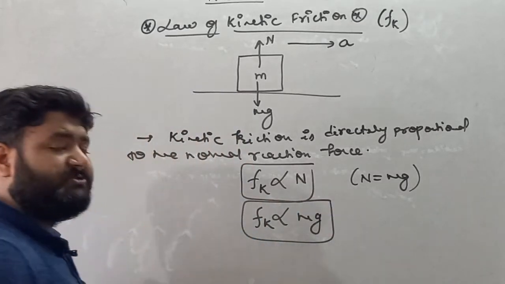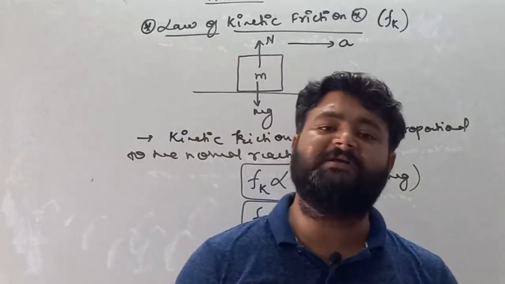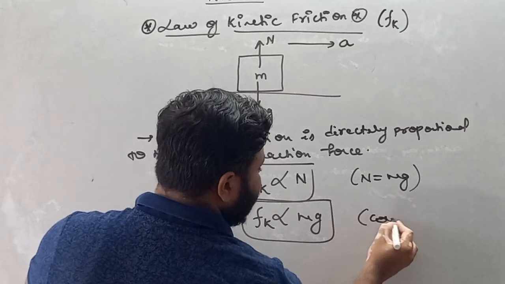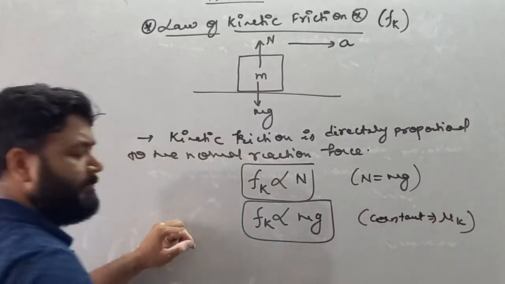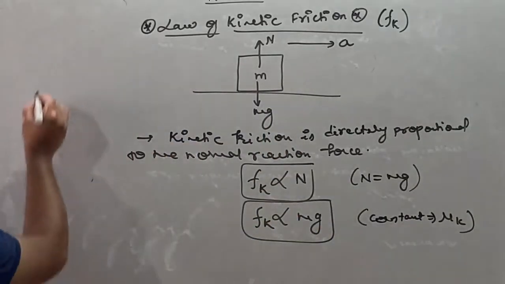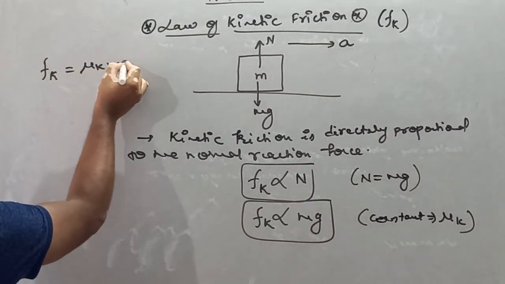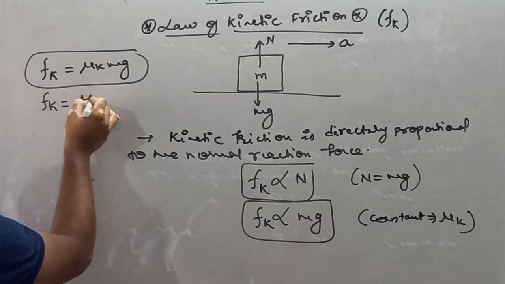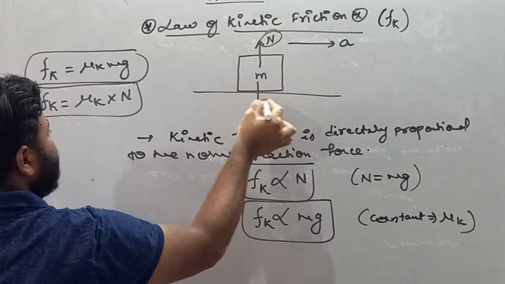Now if we wish to remove the proportionality and put it equal to, we have to introduce a constant. The constant is mu k, and mu k means coefficient of kinetic friction. So we can write Fk is equal to mu k into mg, or Fk is equal to mu k into N, because normal is equal to mg.